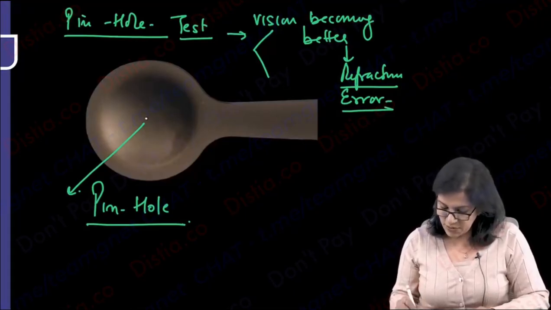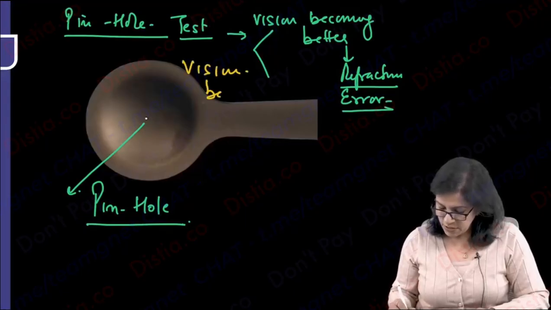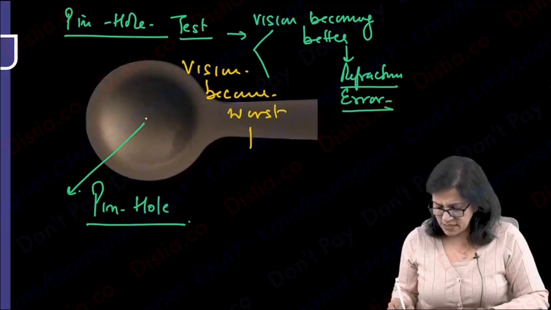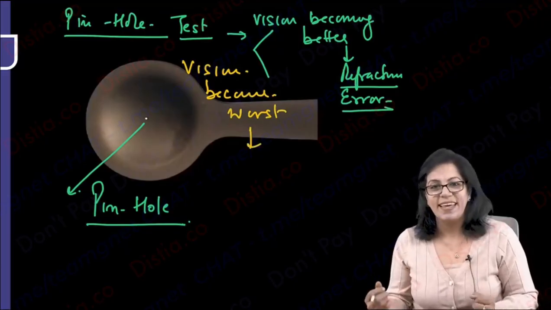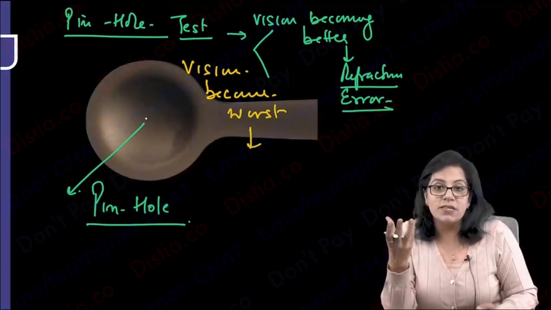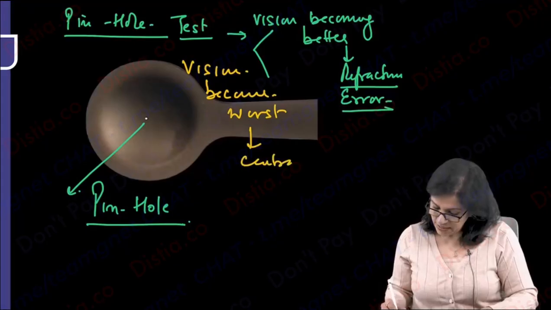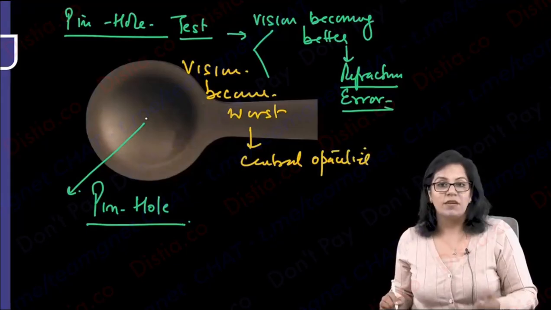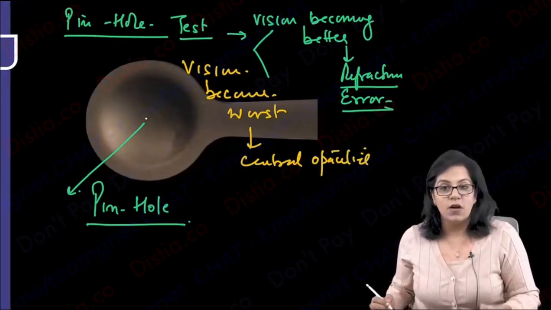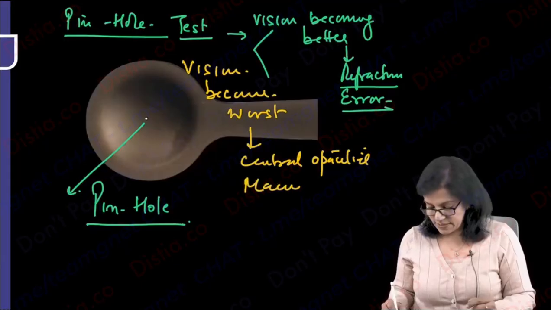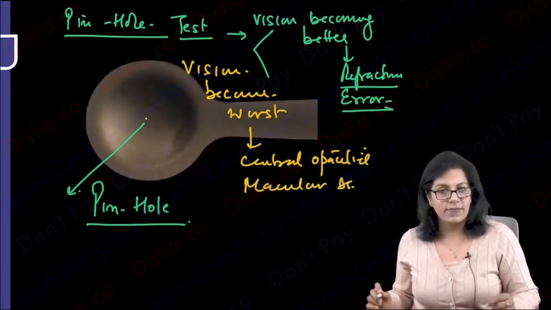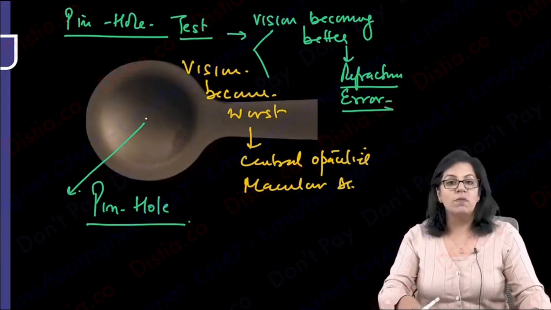Now we come to the second situation where vision becomes worse on looking through the pinhole. So common sense, when can that happen? Any central problem, central opacities or macular lesions, isn't it? Any central opacities, whether corneal or lenticular, will definitely decrease the vision, or it could be any macular disease, right? So this is what is called the pinhole test.